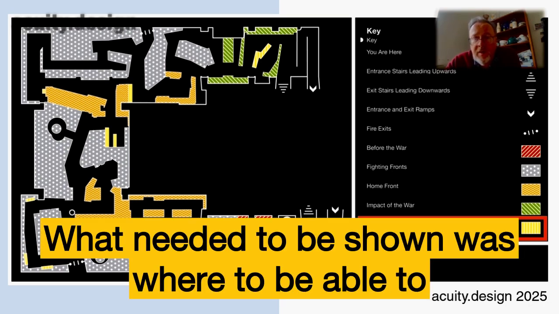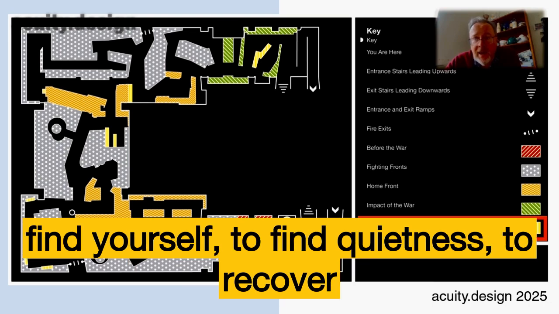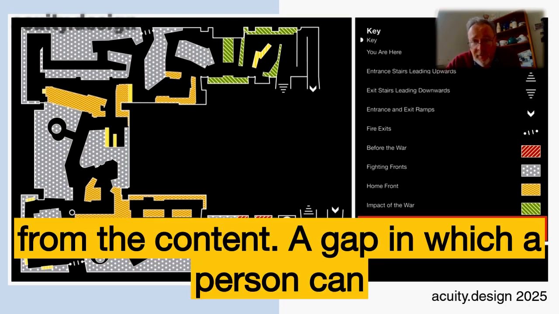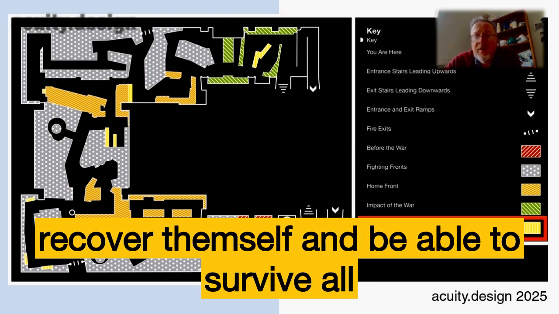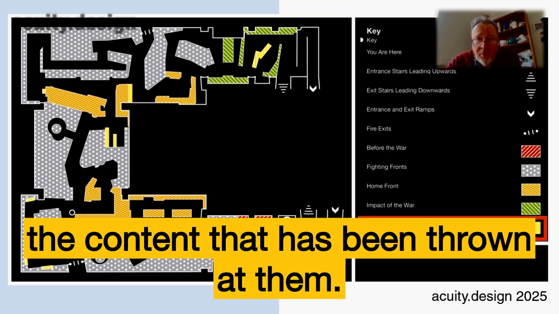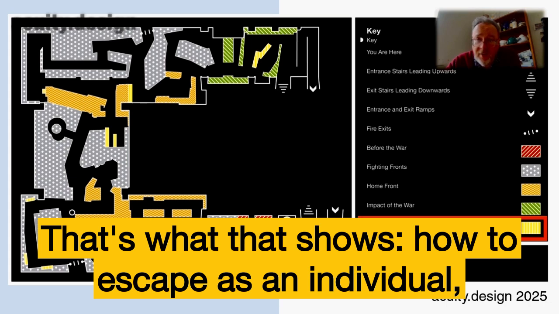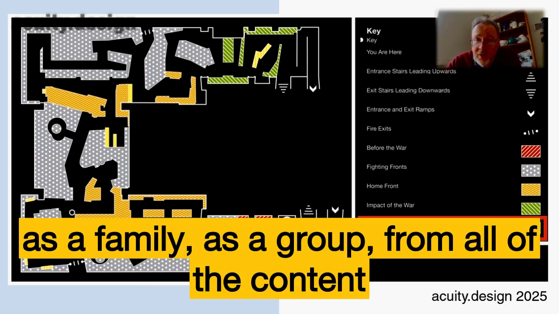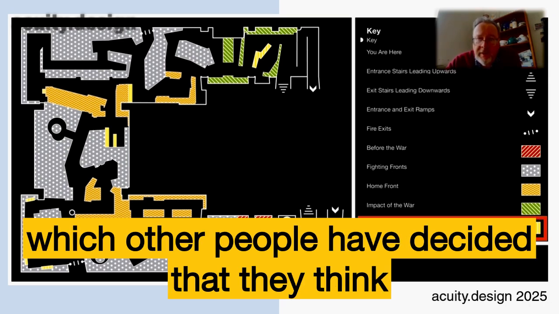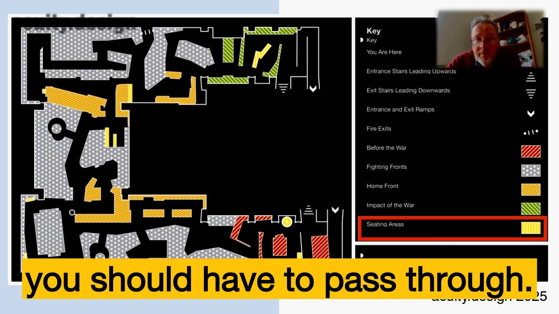What needed to be shown was where to be able to find yourself, to find quietness, to recover from the content. A gap in which a person can recover themselves and be able to survive all the content that has been thrown at them. And that's what that shows. How to escape as an individual, as a family, as a group, from all of the content which other people have decided that they think that you should have to pass through.